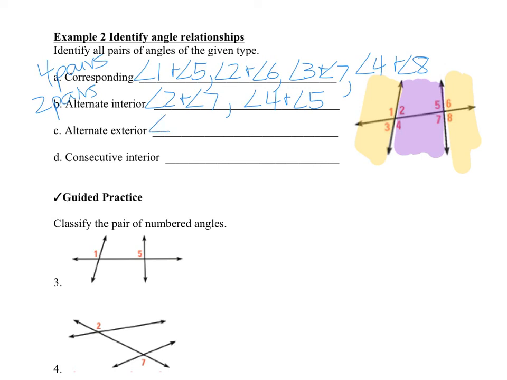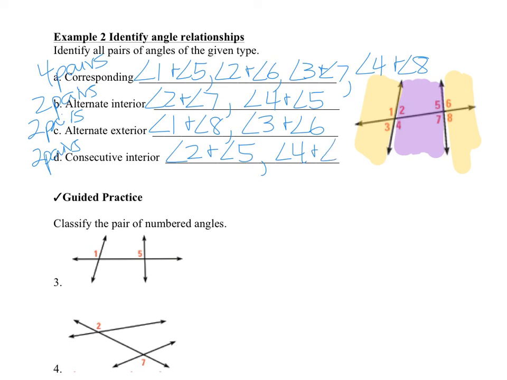Alternate exterior, 1 and 8, 3 and 6. 2 pairs. And there'll be 2 pairs of consecutive interiors. Same side. Think same side inside. 2 and 5, 4 and 7.